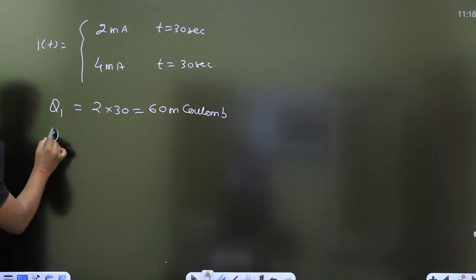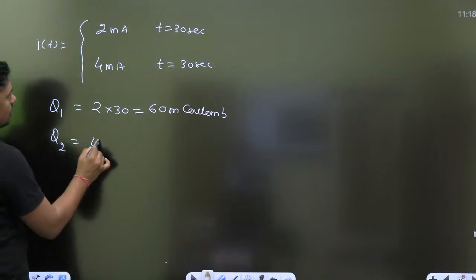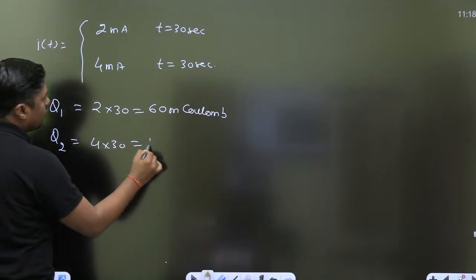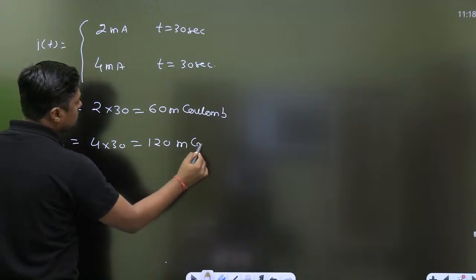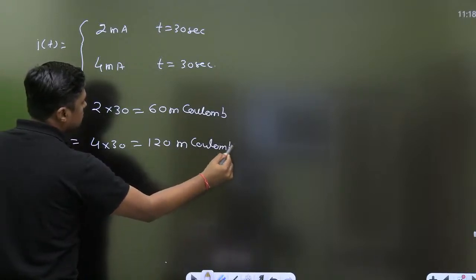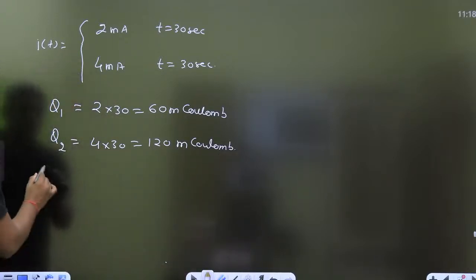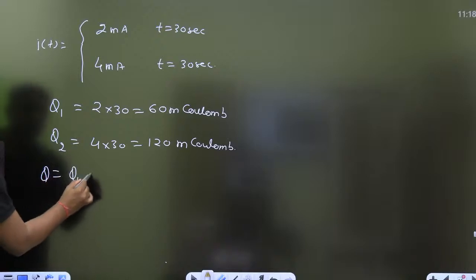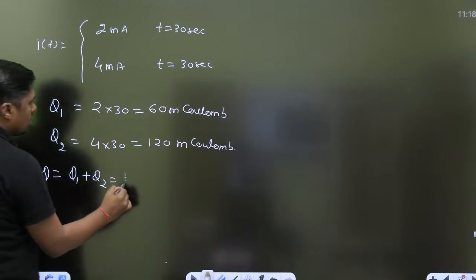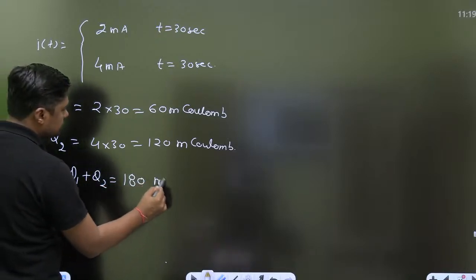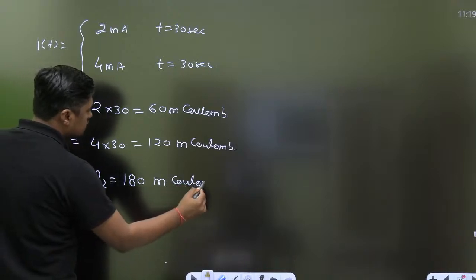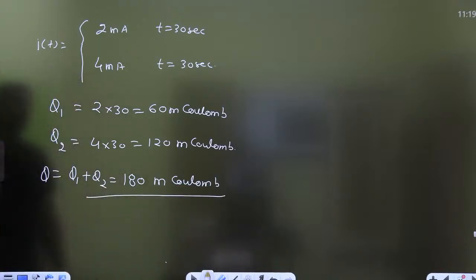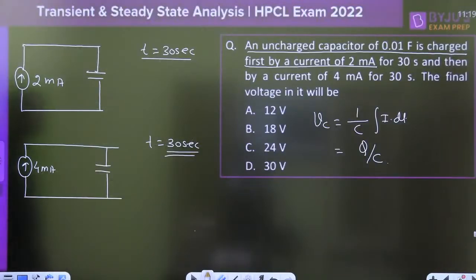And what will be the charge in the second? 4 into 30, 120 millicoulomb. So what is the total charge stored? 180. Okay, and that is the value.